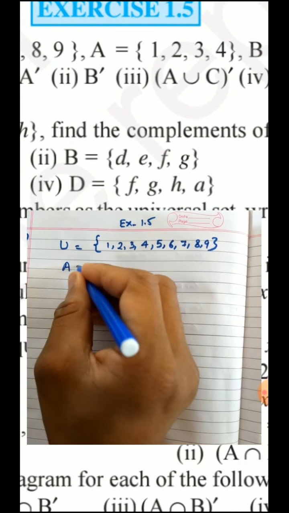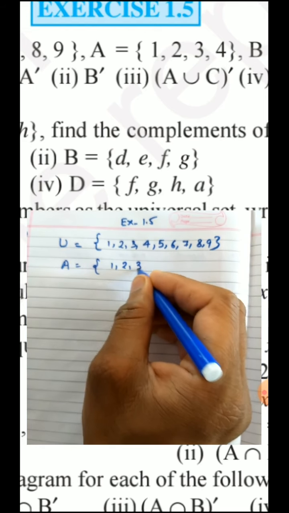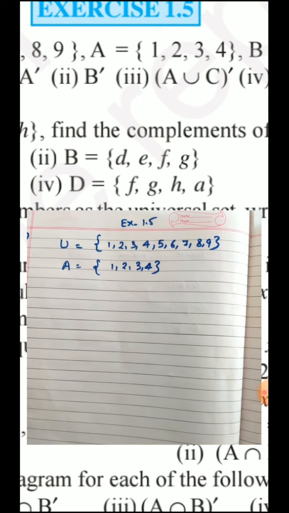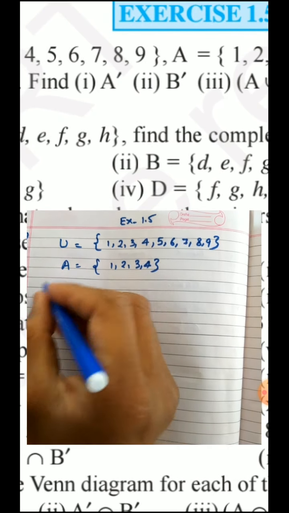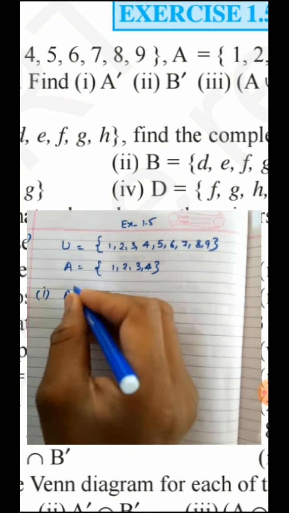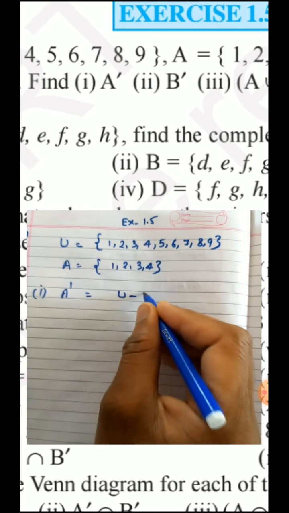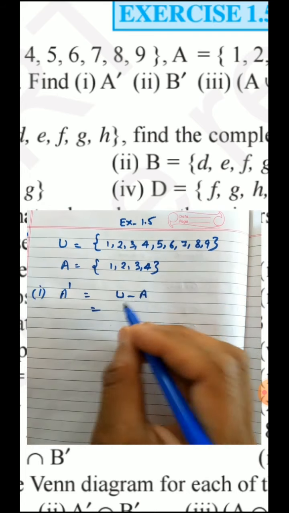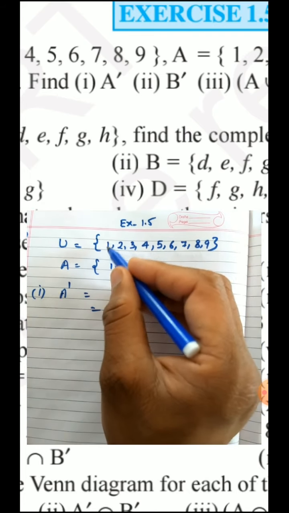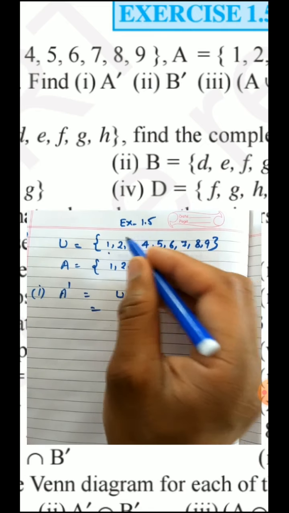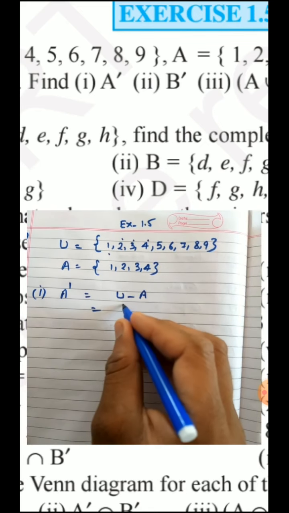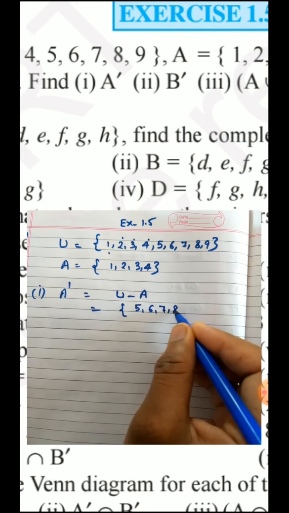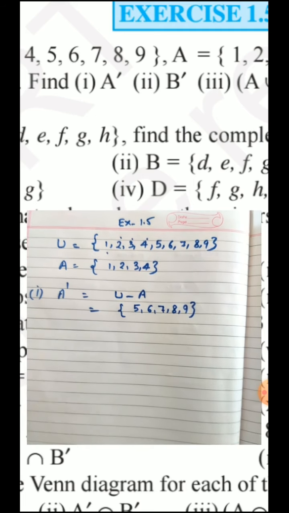You have to find out in the first step A complement. A dash equal to universal set minus A means you will ignore the elements of A which are in the universal set. Means you will cut 1, 2, 3, 4. The rest of the elements you will write 5, 6, 7, 8, 9. This is called A complement.